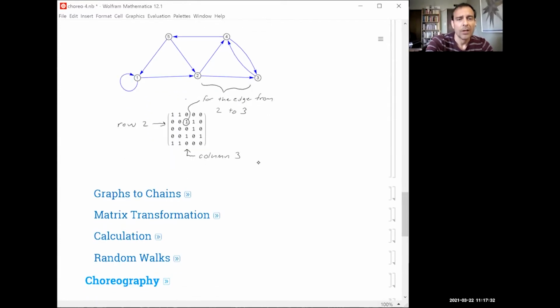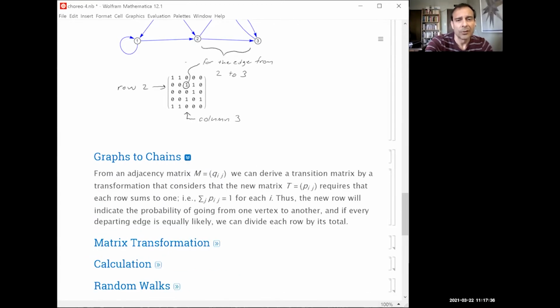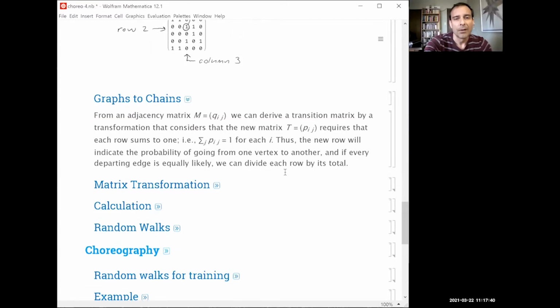All right. So what we would like to do is make use of this adjacency matrix as a transition matrix in terms of a Markov chain. But the problem is that generally it's not going to fit the requirement, because the transition matrix is a probability distribution, and that requires that the rows sum up to 1, whereas our adjacency matrix is not likely to, so we have to transform it.